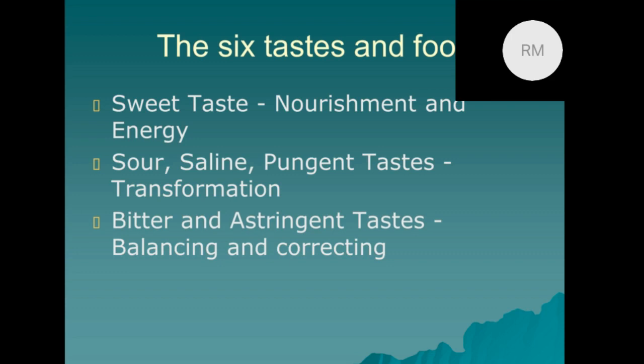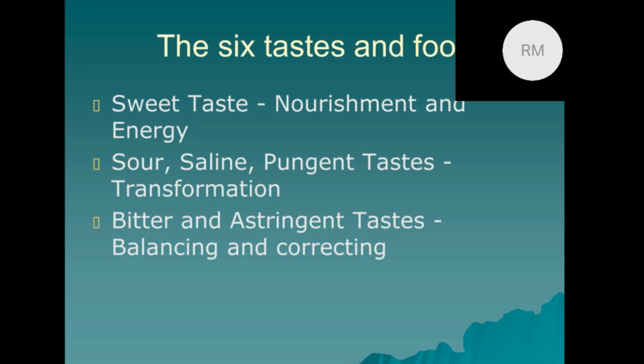Now the sour, saline and pungent tastes help in transformation. These tastes enable the food to get completely transformed. And bitter and astringent tastes are balancing and correcting. So the food that we take should be a balance of all these tastes.